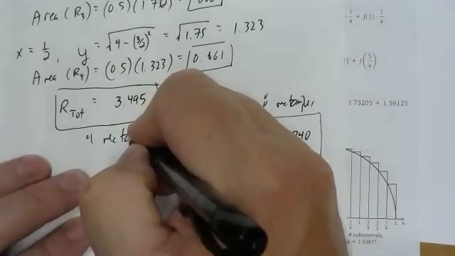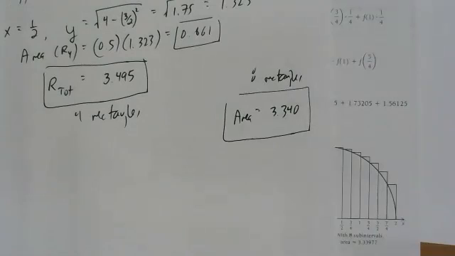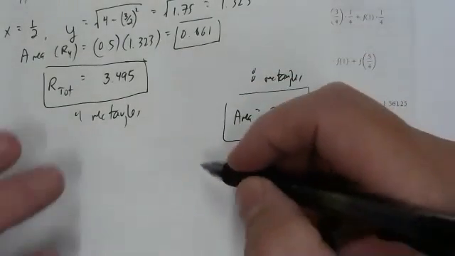This is 4 rectangles. Now, just for fun, they went ahead and actually figured out the actual area. Let me grab the book real quick. I can tell you what it is. The actual area is 3.142.